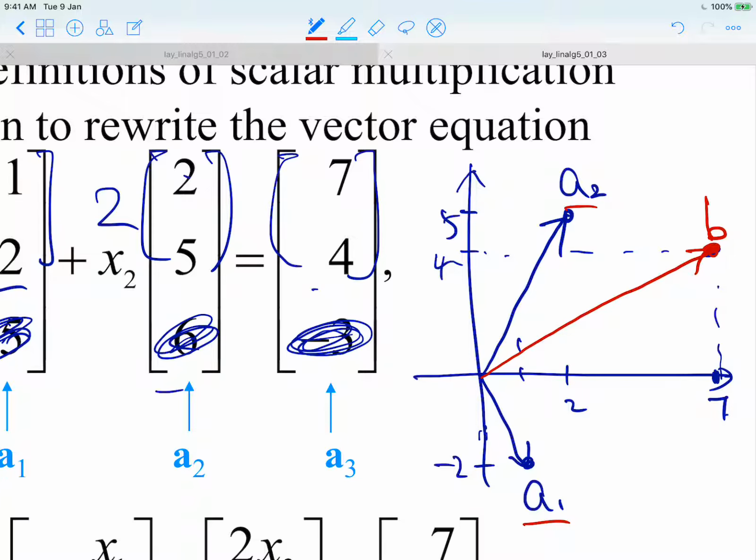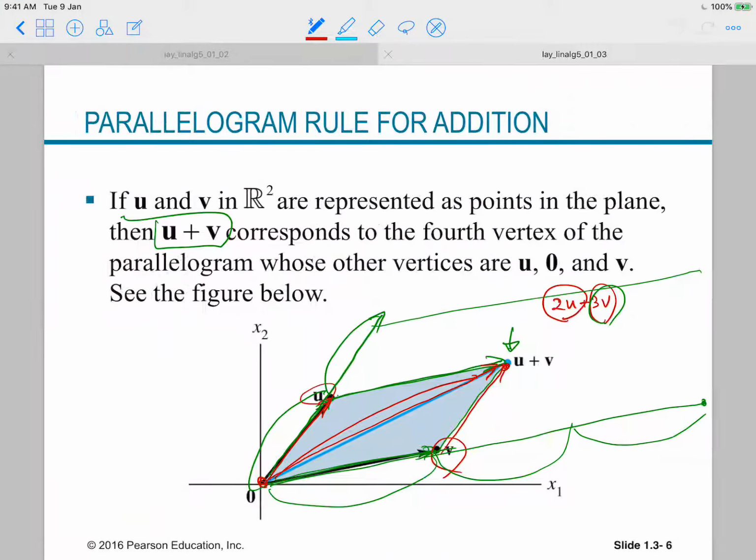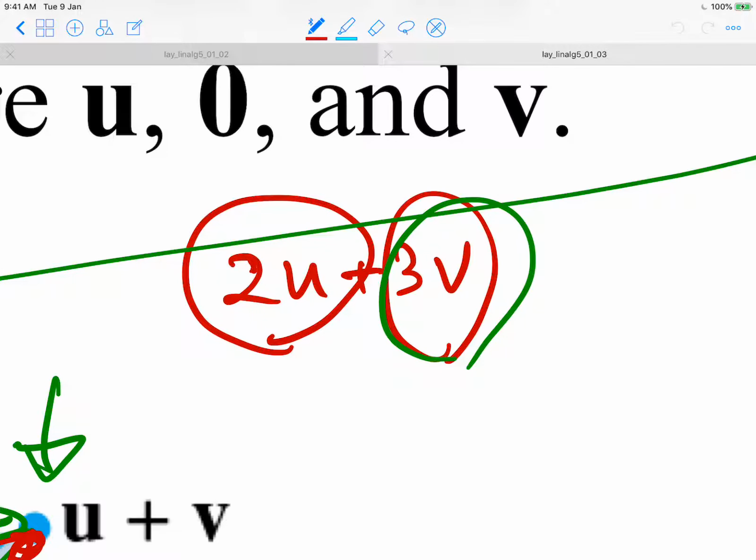And then what is the physical meaning of linear combination? From this example, I already explained the geometric interpretation of this linear combination, where we, for example, used 2 and 3 as a scalar multiple, right?